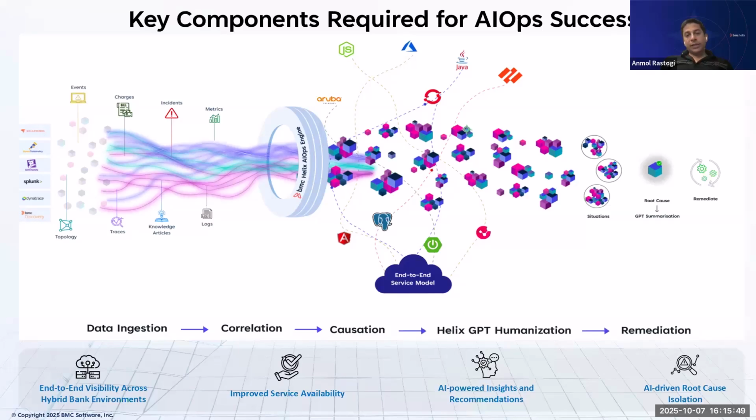And once the correlation happens, it becomes easy for the machine learning algorithm to identify the causal event. And once the causal event is identified with all the data correlation in place, then Helix GPT capabilities with the human in the loop, right, help to summarize the problem in a more readable way, and also help to provide a better user experience to our customers, in order to take the action that was executed in the past on similar kinds of situations.